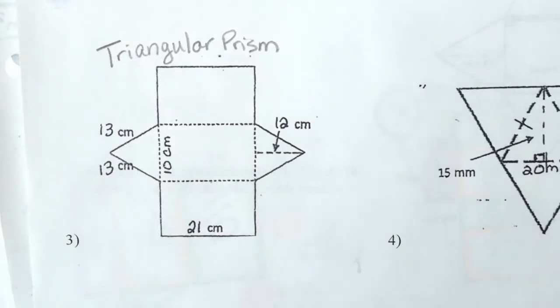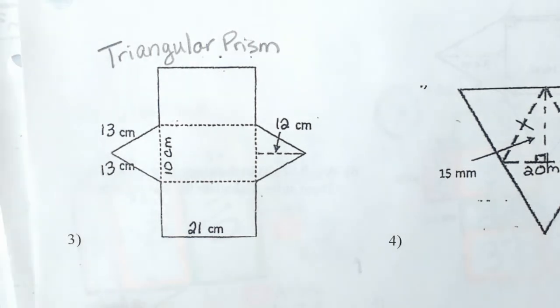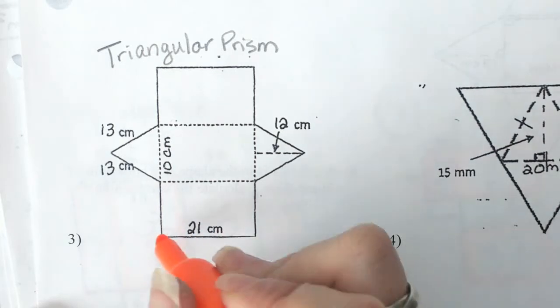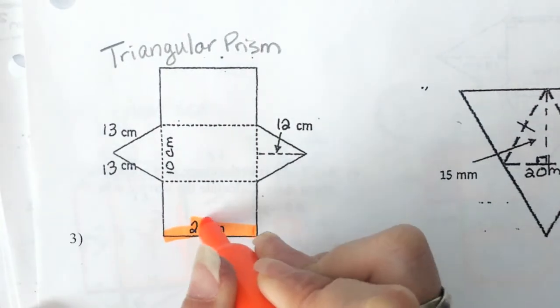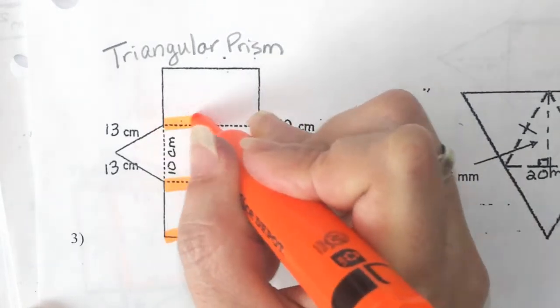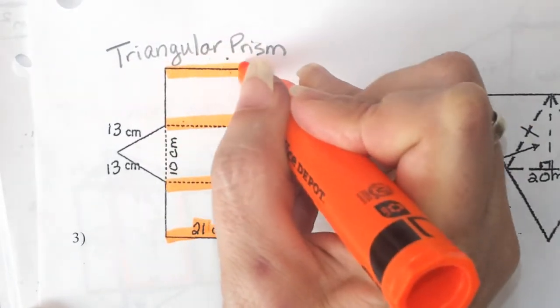So if this will help, use it. You don't have to. Okay, here we go. So I see that the bottom is 21. Well, that means any line going across right here is 21.